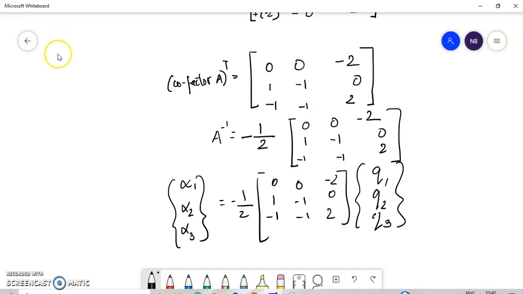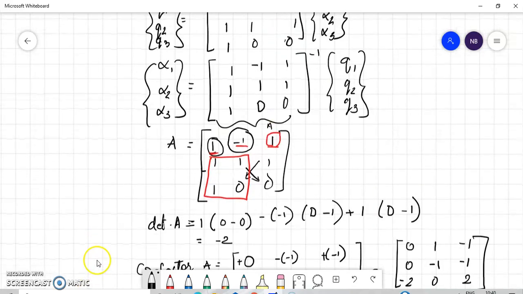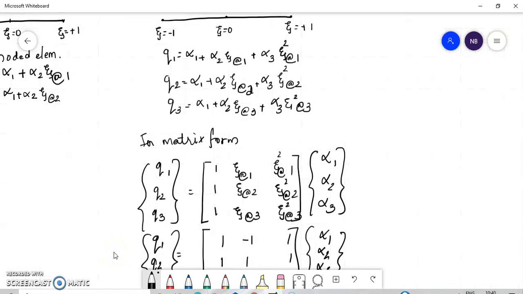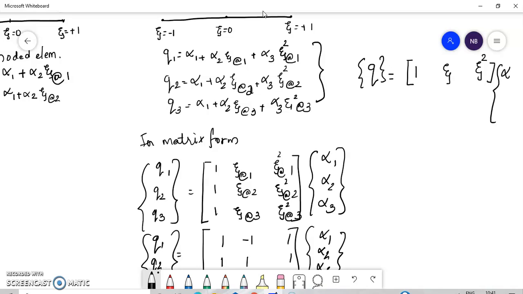The first equation that we started with, this set of equations, could also be represented as q1, q2, q3, if I denote it as q, equals 1, zeta, zeta square, into alpha 1, alpha 2, alpha 3.